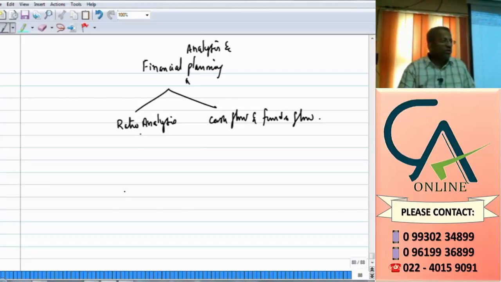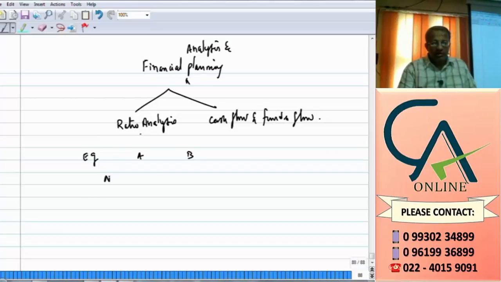What will we be doing in the case of ratio analysis? A plain financial statement may not provide the required decision-making input. Only a ratio will be in a position to communicate the inputs for decision-making. Example: I have two companies.